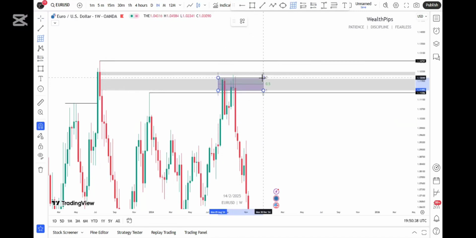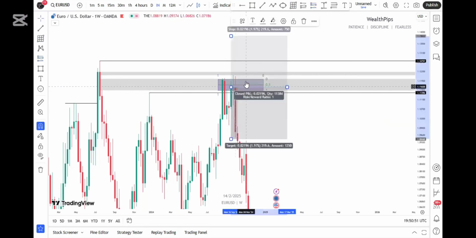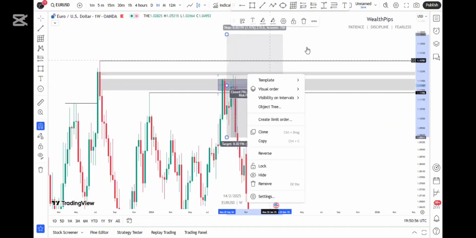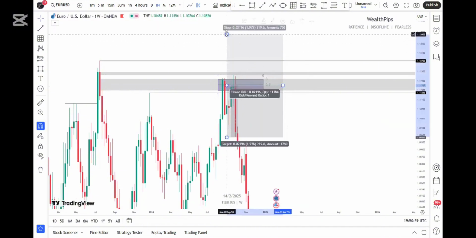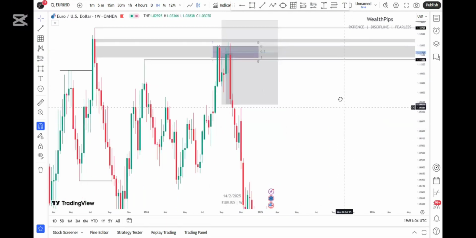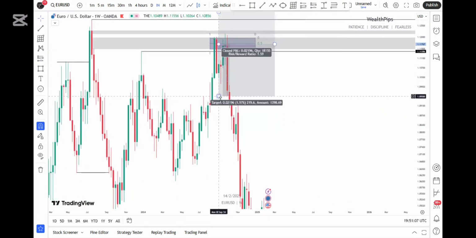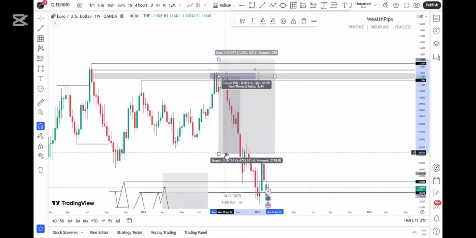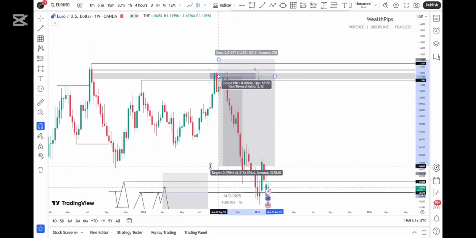If you choose to use a fair value gap, you can just take the 50% from this level to be on the safer side. Then, to minimize the risk of your stop loss, you can choose to sell all the way down to this level here.